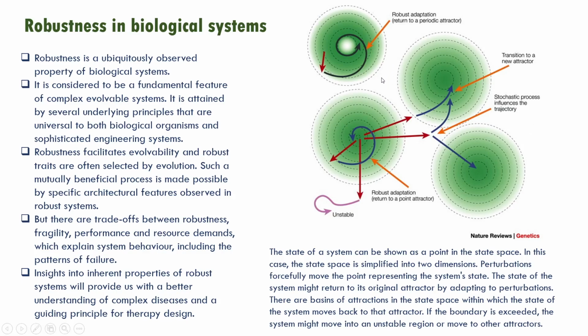So basically, this is your attractor, and here is the cell, and here is the state, and due to robust adaptation, it returns to a periodic attractor. So this is the whole idea of robustness. If you perturb the system somehow, the system should work.